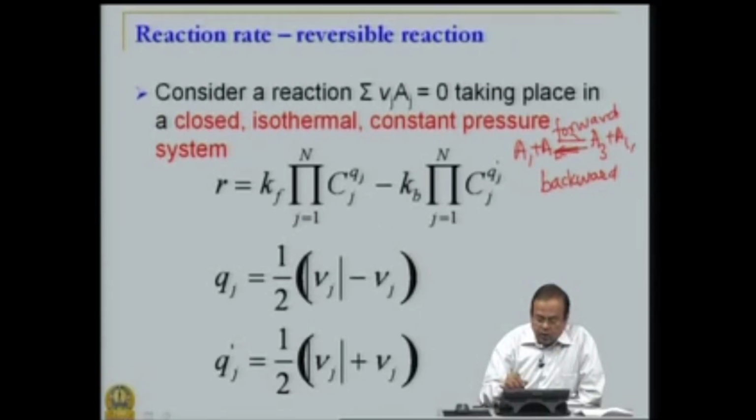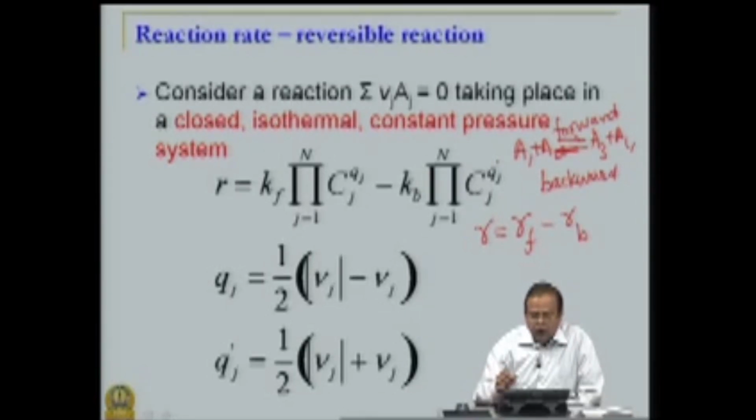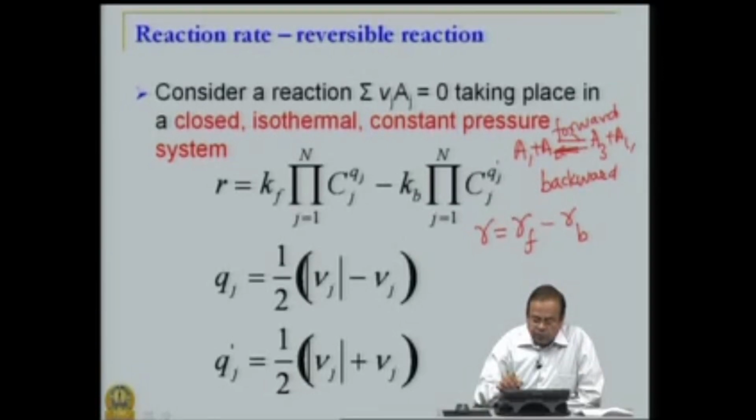So, I have a rate given as rate of forward reaction minus the rate of backward reaction, then the total rate, because there is something going from A1 to A2, that is forward, something going from A3 to A4, that is reverse. We can express both forward reaction rates and backward reaction rates as power law kinetics.